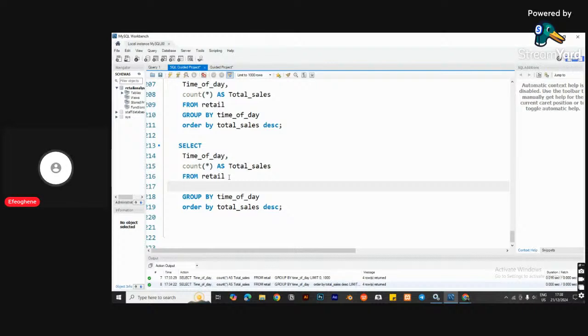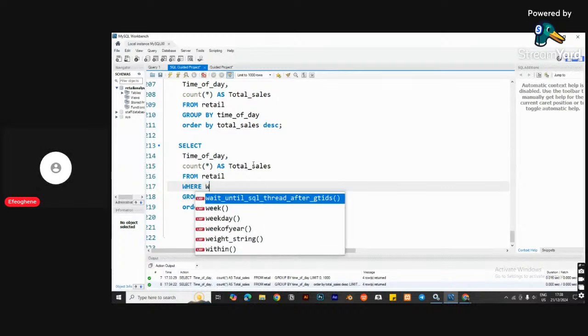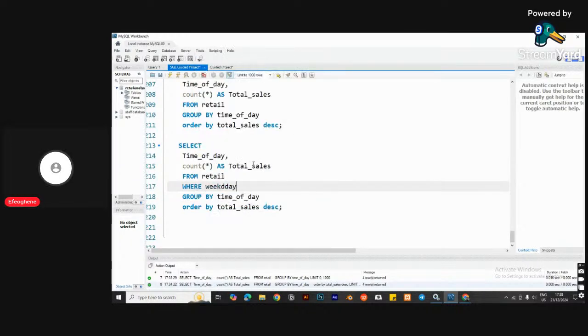GROUP BY groups data that have the same value, after you have used your WHERE clause. So we say WHERE weekday equals, let's say, Sunday.